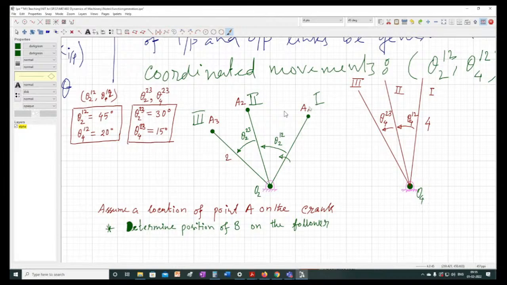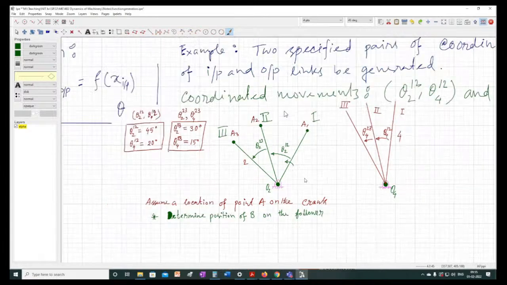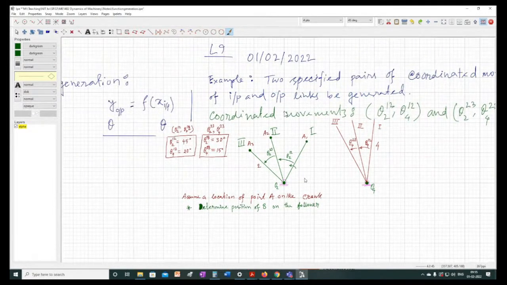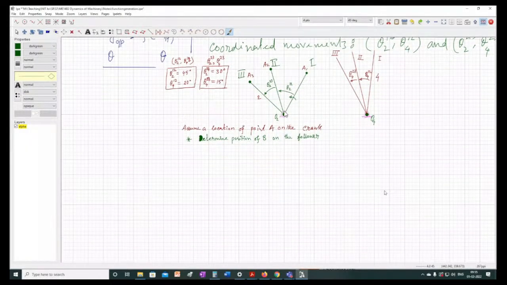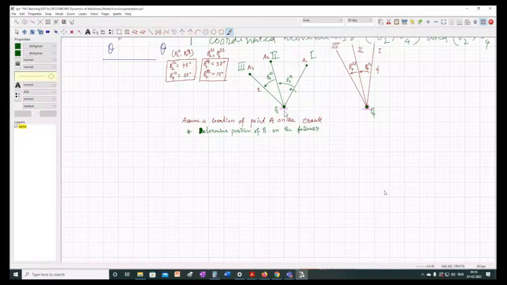Can somebody tell me how we can solve it? We will use the inverted motion mechanism, or the method of inverted motion. In this case also we will use that. Now can you tell me what exactly we should do so that we can solve the problem?